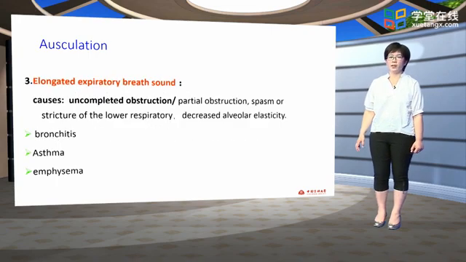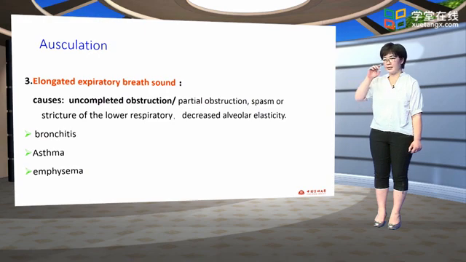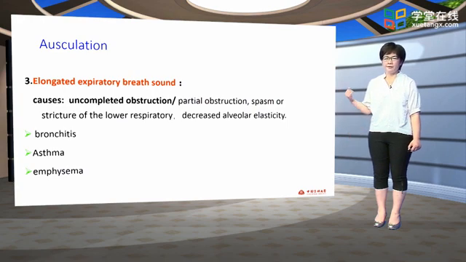The third one is elongated expiration breath sound. The causes are usually incomplete obstruction or partial compression, or sometimes spasm or stricture of the lower respiratory tract, or decreased alveolar elasticity. The common ones are bronchitis, asthma, and emphysema, most commonly COPD patients and asthma.